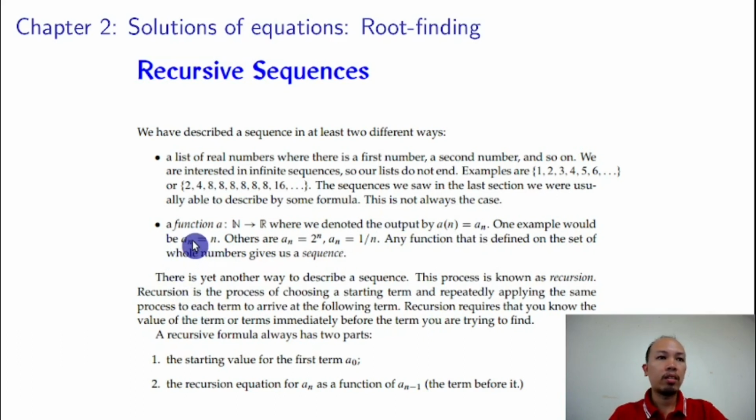This sequence describes this first example here. This is a counting number. For the second, we have powers of 2, and this other sequence, a sub n equals 1 over n, is a harmonic sequence. So it says here, any function that is defined on the set of whole numbers gives a sequence.